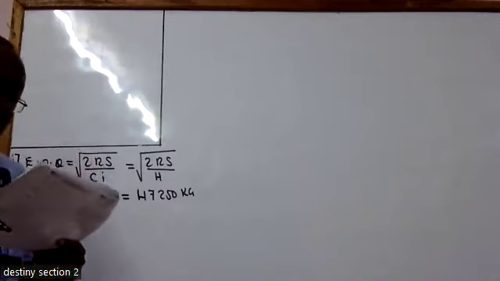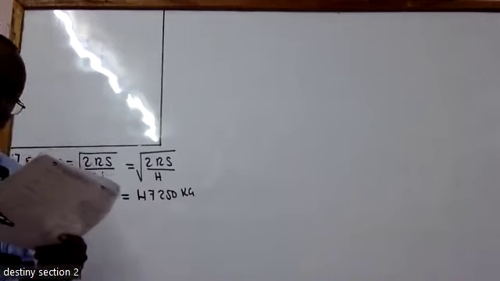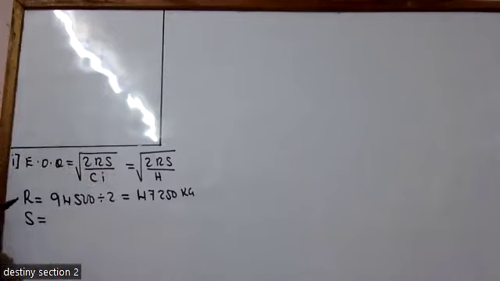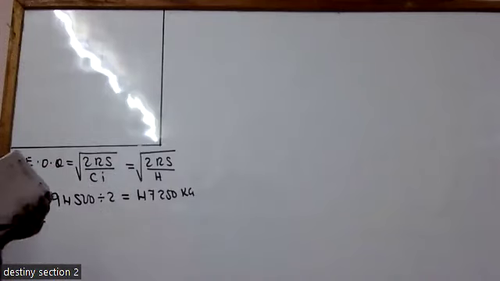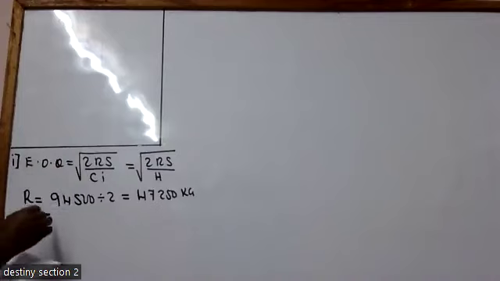Now, handling costs are supposed to be part of holding costs. But the transport is part of ordering cost. So this will be 400.